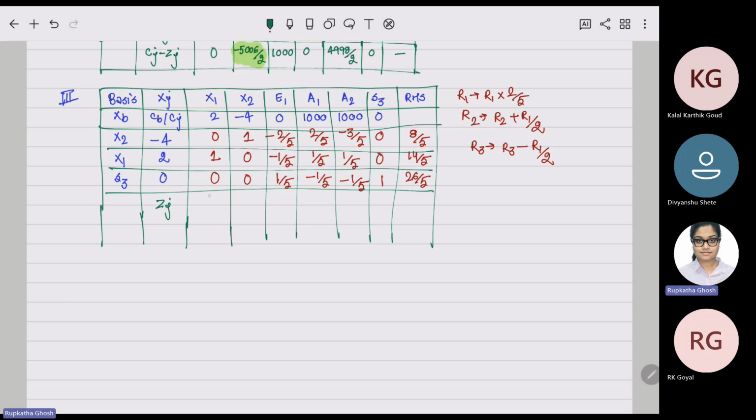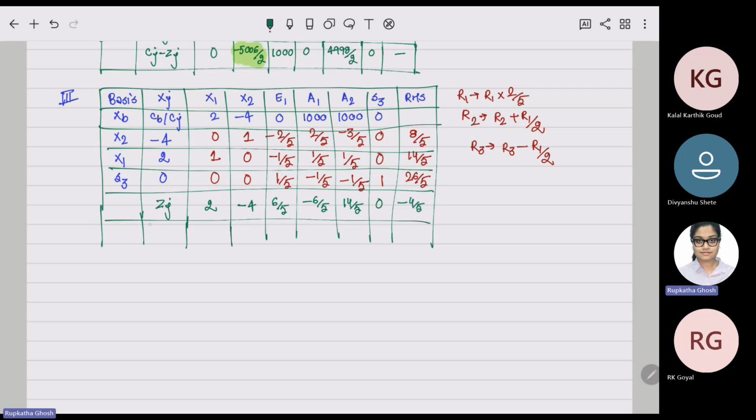Zj values would be 2, minus 4, 8 by 5 minus 2 by 5, 6 by 5, minus 8 by 5 plus 2 by 5, minus 6 by 5, 12 by 5 plus 2 by 5, 14 by 5, 0. And this is minus 32 plus 26. No, minus 32 plus 14. How much is this? Minus 32 plus 28, sorry, minus 4 by 5.